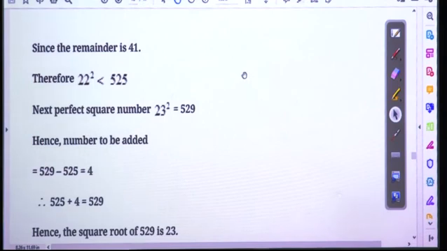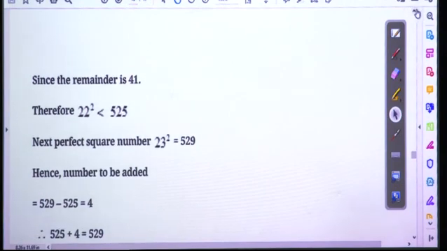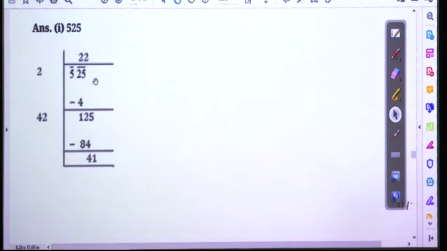Please understand carefully what has been done. First, whatever value is given to us, we calculate the square root of that. 525, we are trying to calculate the square root of 525. 525 is not a perfect square, so some remainder remains. It is 22 square, and the remainder is 41, which means 22 square is less than 525.